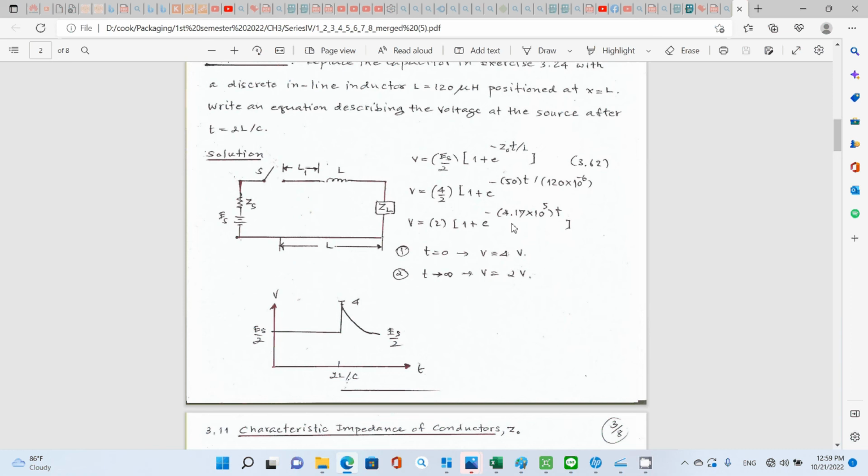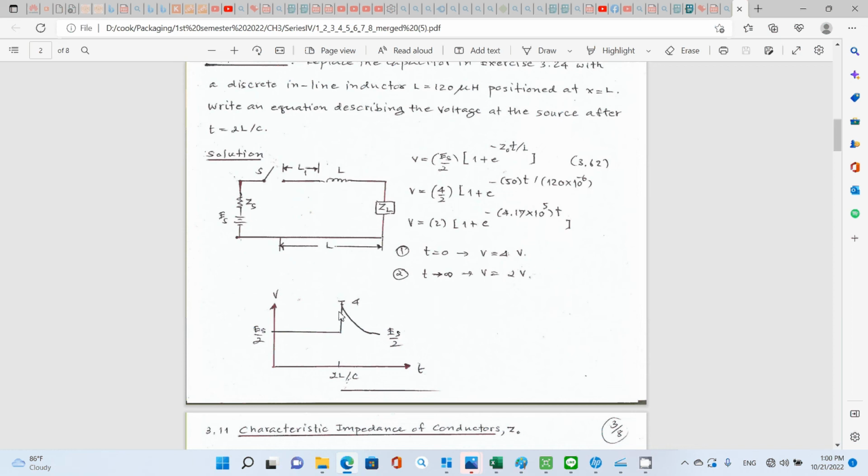Same thing. You can consider at the beginning T equal to 0, and this term becomes 1, right? So it makes 4 for the total voltage. That's the total voltage at the source when you just start.